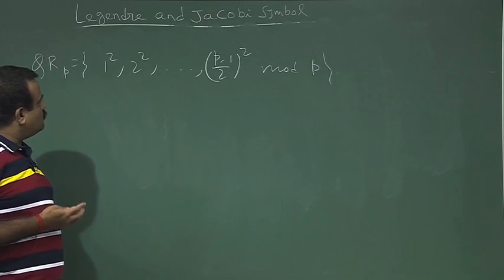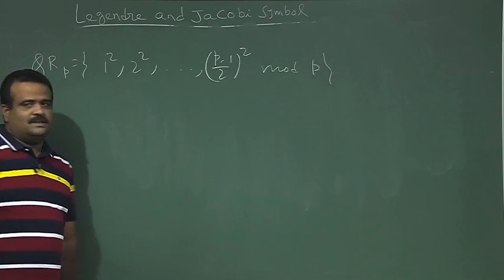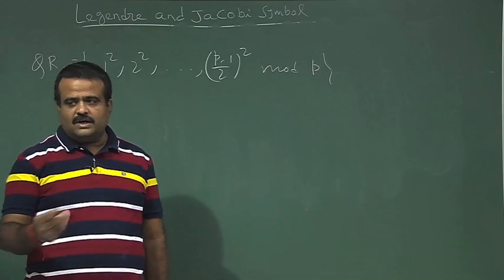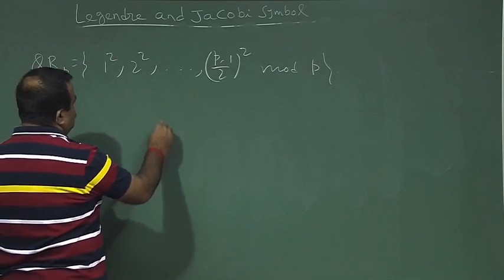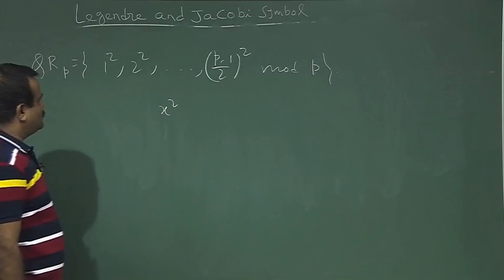So, what we need to show is that any two elements in this set are distinct, then we are done. Let us take two elements from this set, x square and y square.